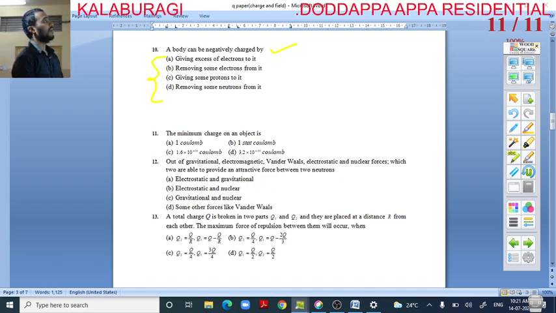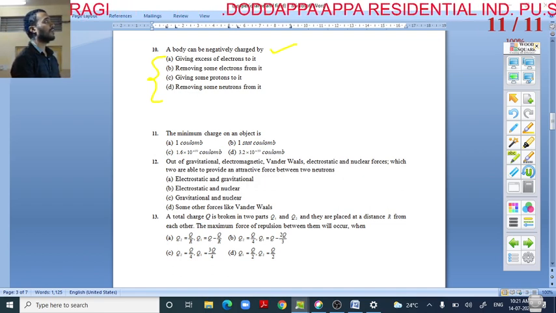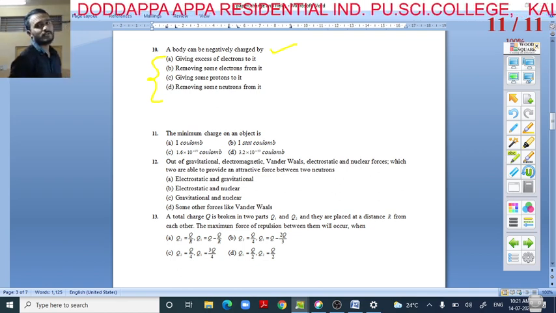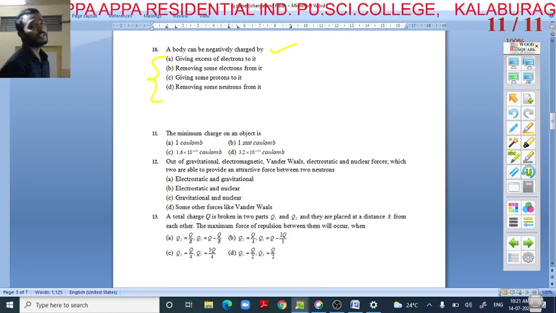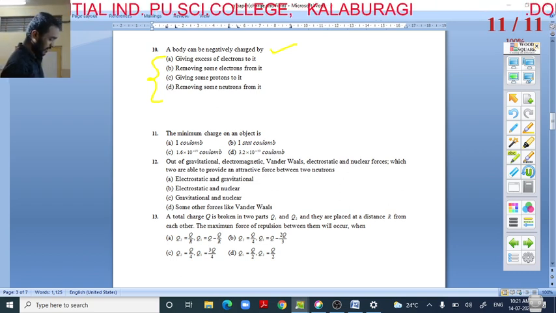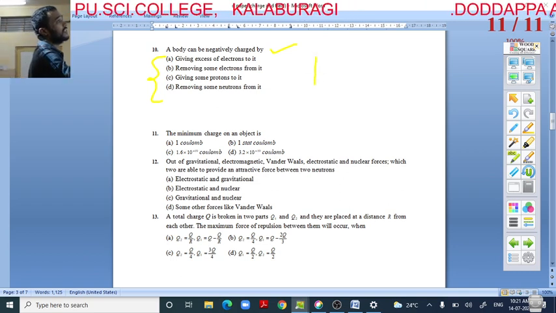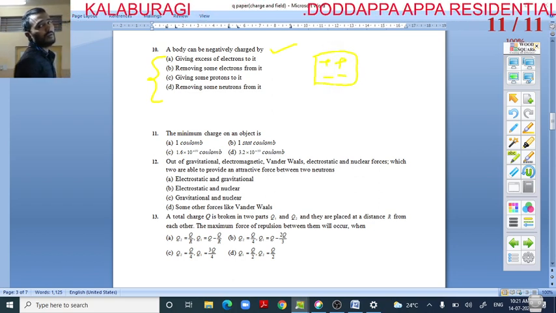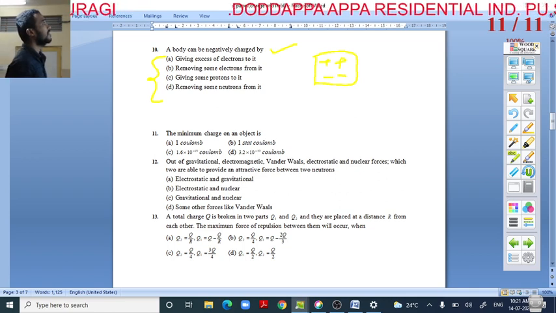To become a negatively charged body, what do we have to do out of the four conditions? That is very simple. Yesterday we did it in the synopsis: if this is the body, it contains equal numbers of positive and negative charge.